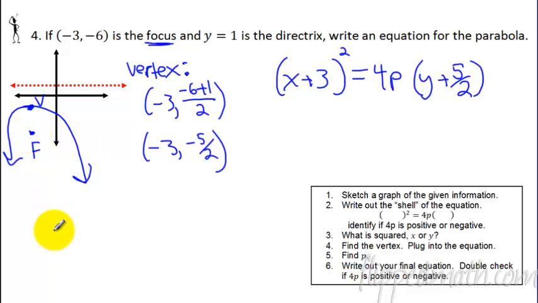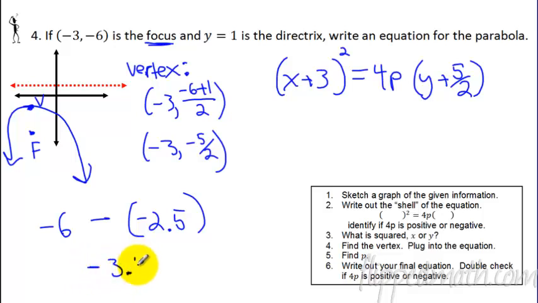If that focus has a value of -6, and this one has a value of -2.5, how far apart are those two numbers? Well, you just have to subtract them. So let's do -6 minus -2.5. That gives us -6 plus 2.5, which is -3.5. So -3.5 is the value of p.